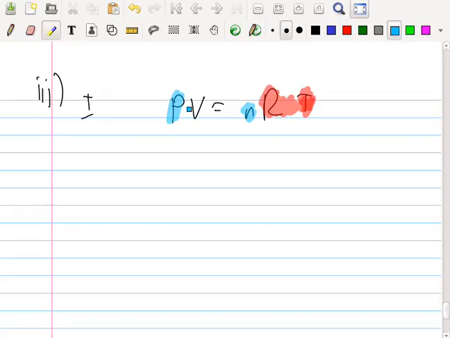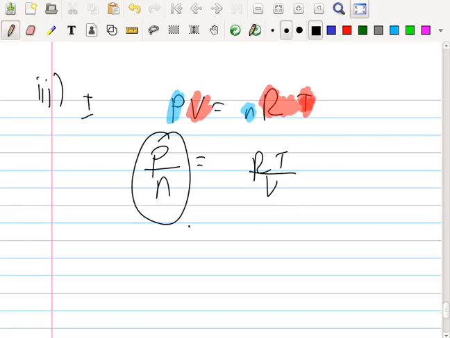So we'll say the V is the same. If I rewrite this, I get P over n equals RT over V. So this is constant.